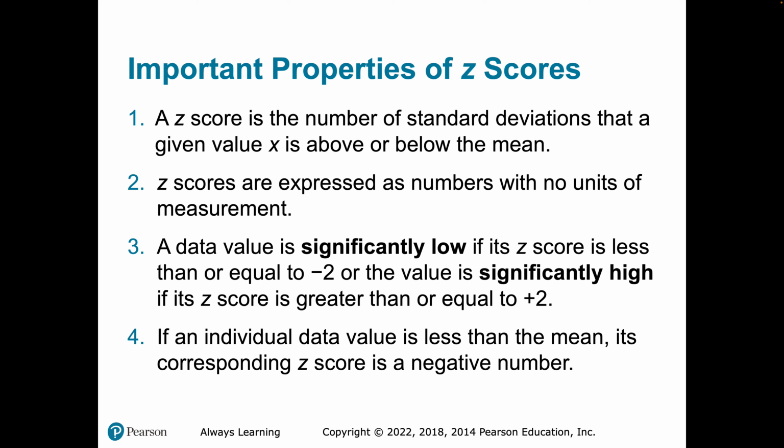Z-scores are standardized units, so there's no unit of measurement. And we have cutoffs that define a significantly low or significantly high score. If a score computes a z-score greater than 2, it's significantly high. If a score computes a z-score less than or equal to negative 2, then it's a significantly low score.